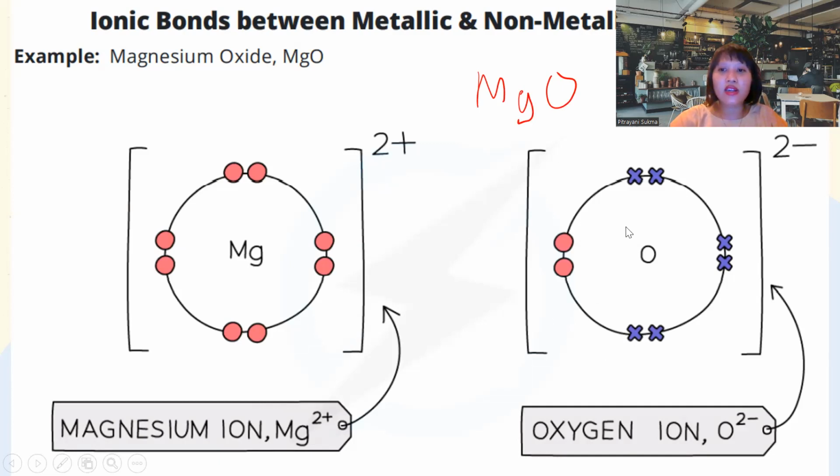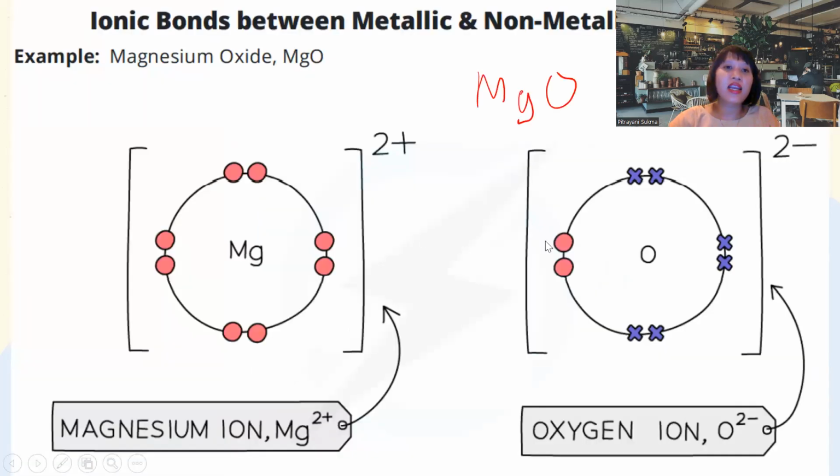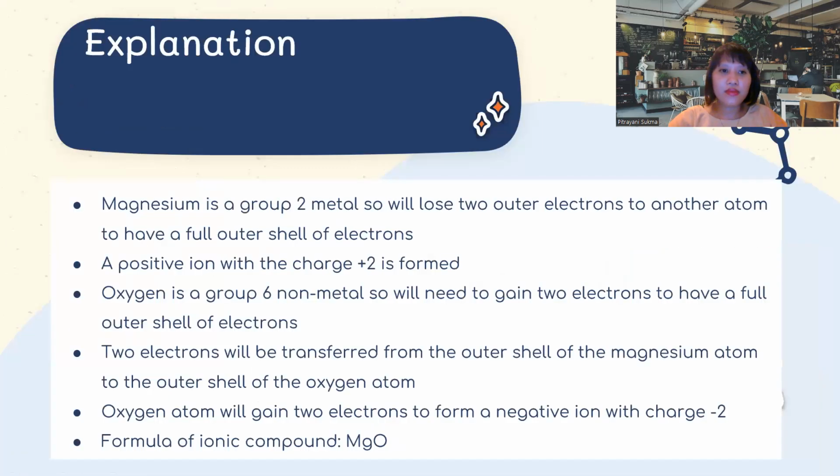Oxygen gets 2 electrons, so its valence shell becomes full and it also becomes stable. Then they have different charges, so they can bond through ionic bonding. Magnesium is a metal, so it easily loses electrons, and oxygen is a non-metal, so it easily gains electrons, so they make the ionic bond through electrostatic forces.